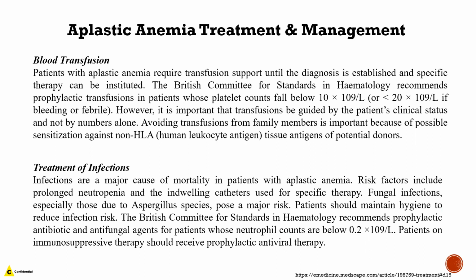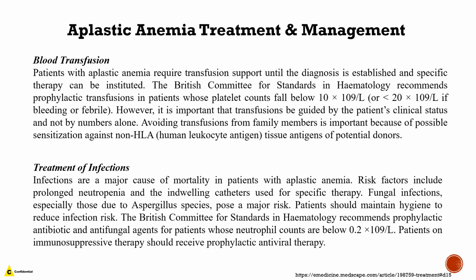Infections are the major cause of mortality in patients with aplastic anemia. Risk factors include prolonged neutropenia and indwelling catheters used for specific therapy. Fungal infections, especially those due to Aspergillus species, pose a major risk.